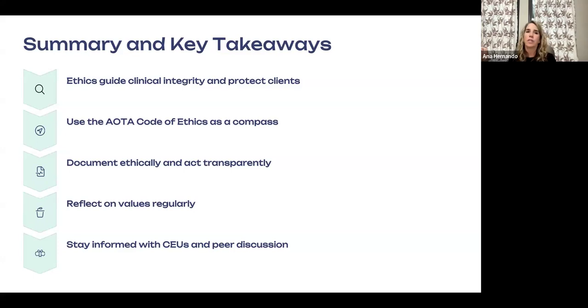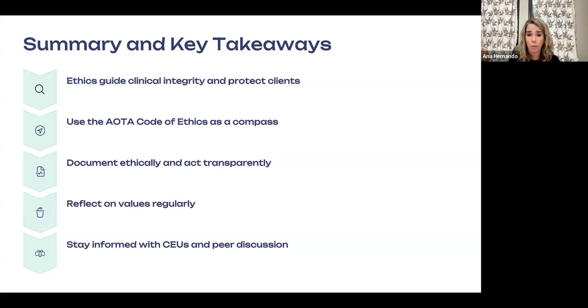Now, I understand that you need to become an AOTA member many times to gain access to the Code of Ethics. I understand that. If you choose not to be an AOTA member, seek out one of your colleagues that is an AOTA member and request a copy. Ask if you can review their copy.